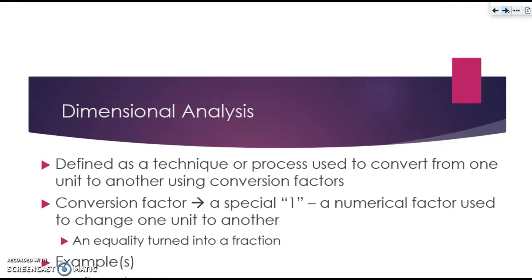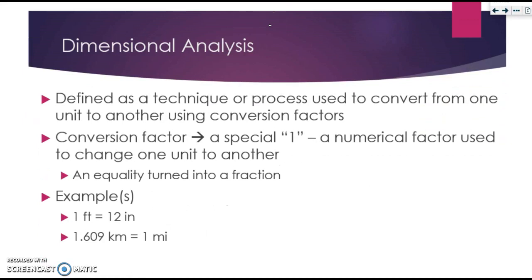Now let's talk about another really important concept in chemistry, dimensional analysis. It's a technique or process used to convert from one unit to another using something called a conversion factor. A conversion factor is a special one, a numerical factor that is used to change one unit to another. It's really like an equality turned into a fraction.